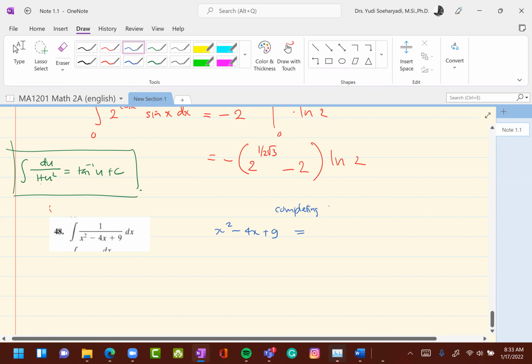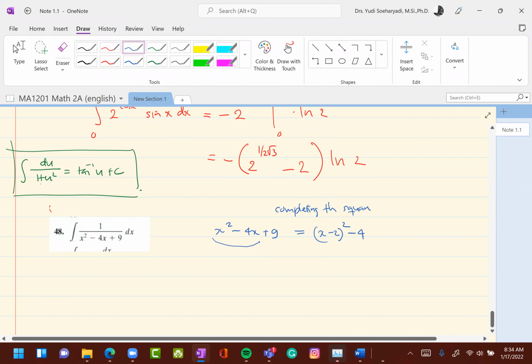If you recall this term, what completing the square means is let's write this down as a square, x minus 2, that's a square, but then it has a constant that we should subtract.